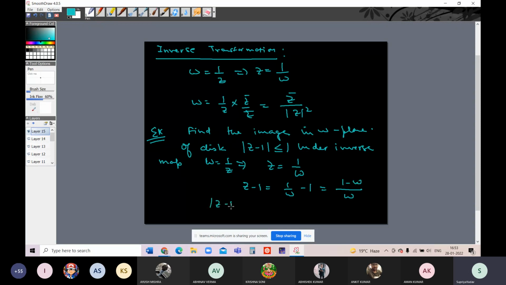Okay, mod of z minus 1 less than or equal to 1. This is our region, a closed disk about 1, and the radius is also 1. So in place of this z minus 1, we can substitute 1 minus w upon w.